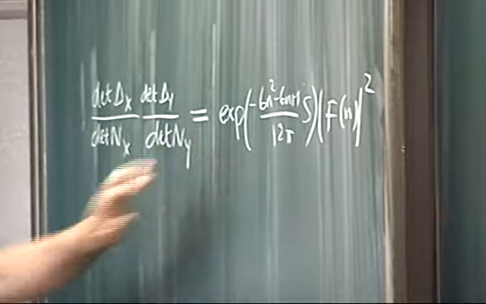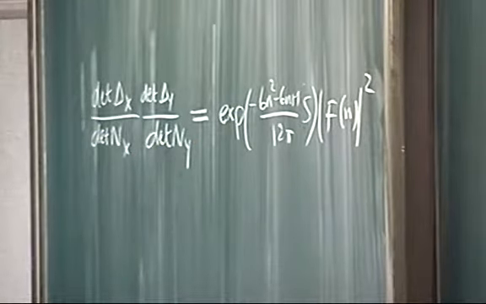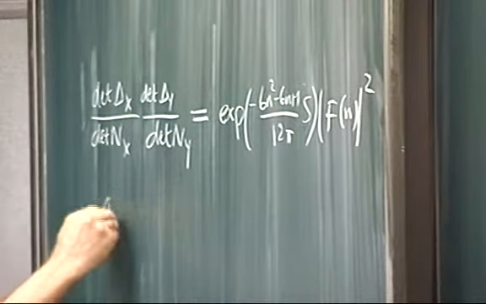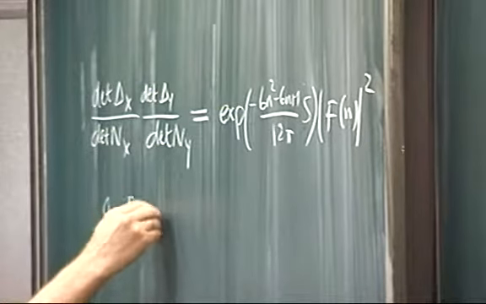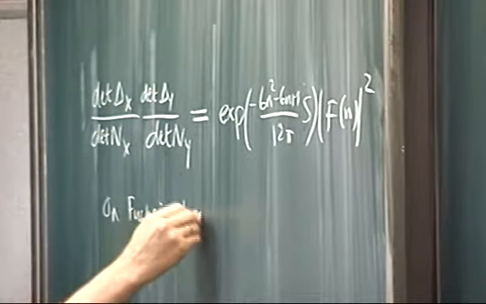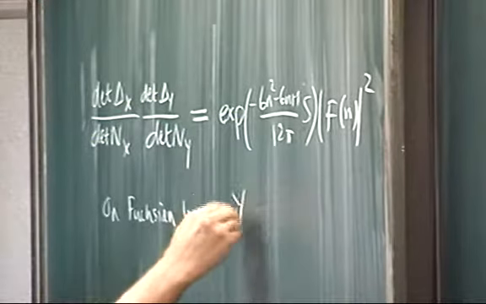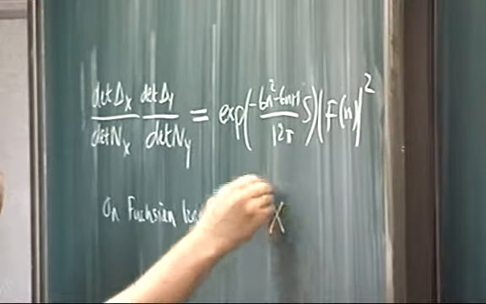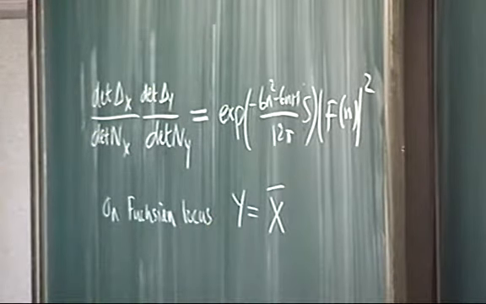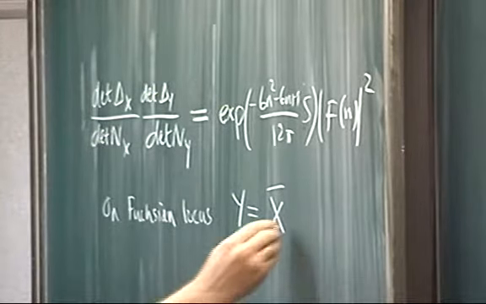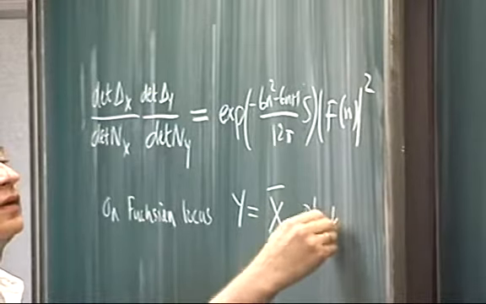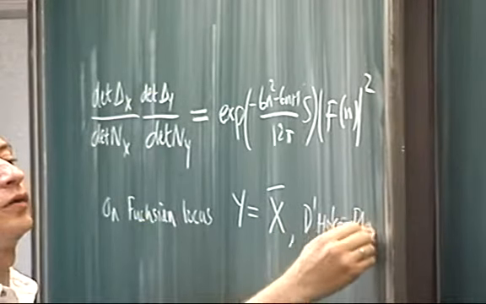If you restrict this to the Fuchsian locus, so for a quasi-Fuchsian group, if the Riemann surface Y is just the complex conjugate of the Riemann surface X, you have a Fuchsian group. This is the Dröger-Fong formula.